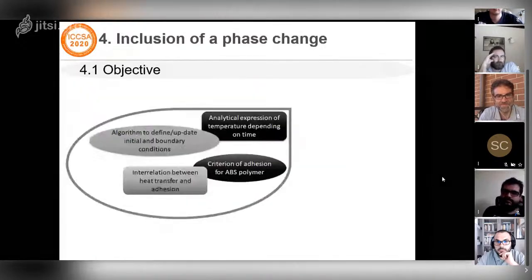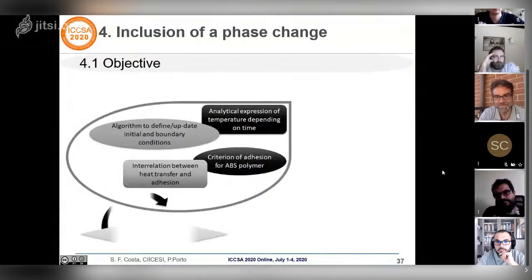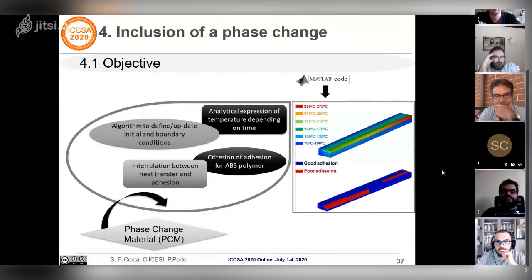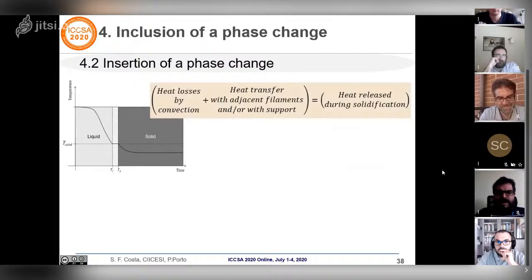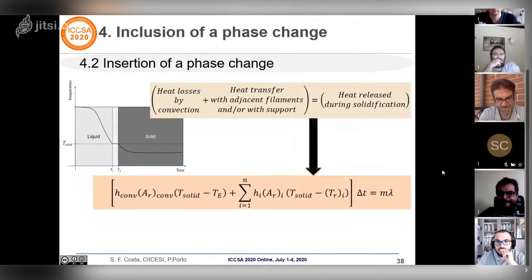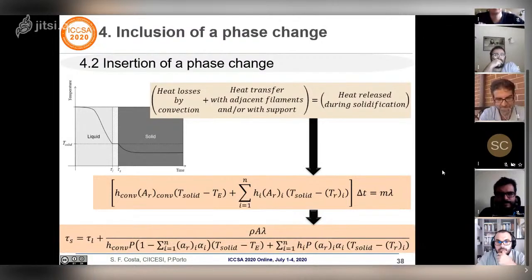So the objective of this work is to include a phase change in the calculation of temperatures. Then the phase change condition was defined, translated into a mathematical equation, and we obtained an expression for the instant at which the phase change ends.